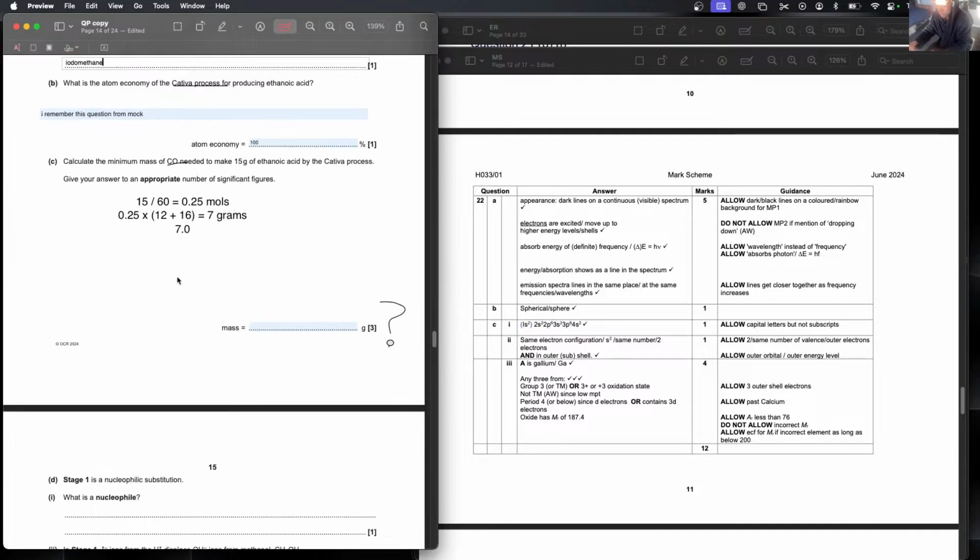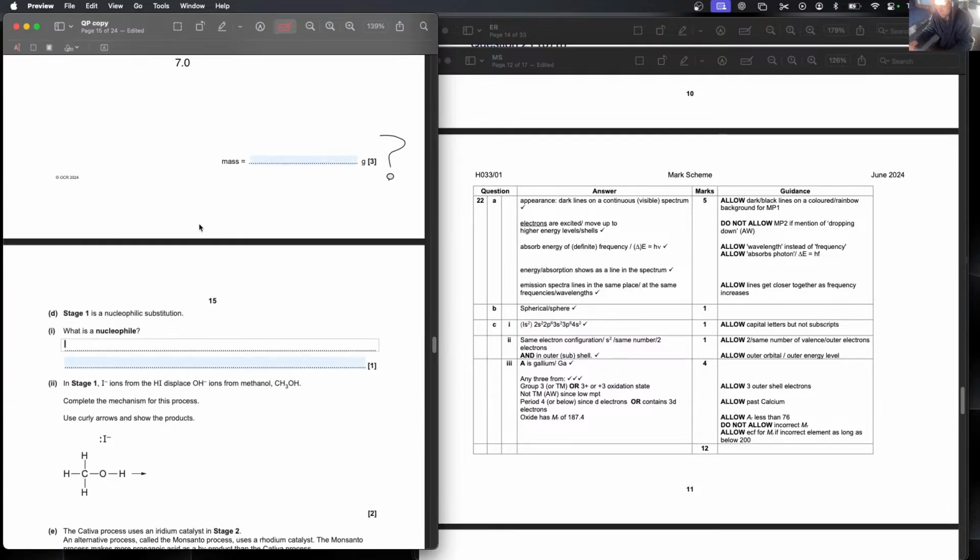What is a nucleophile? It is a negatively charged molecule or atom attracted to donate an electron.